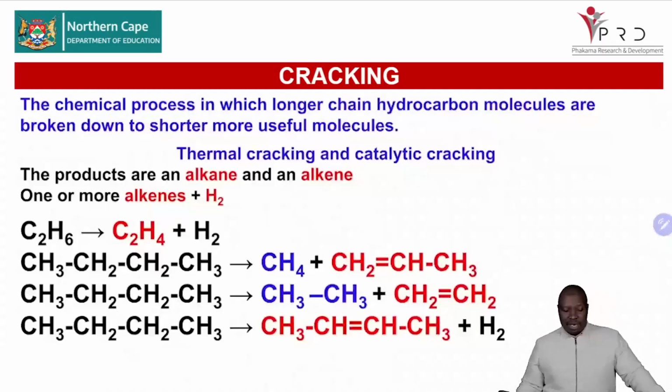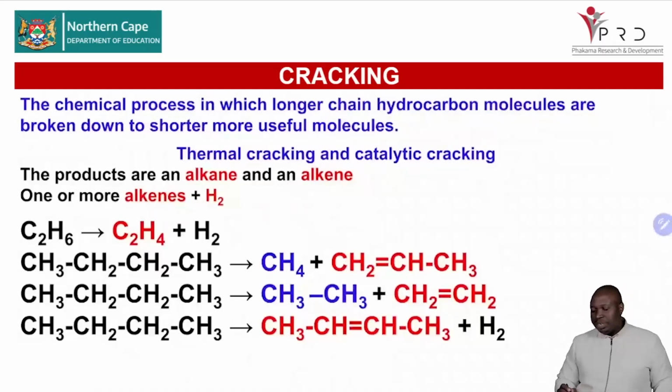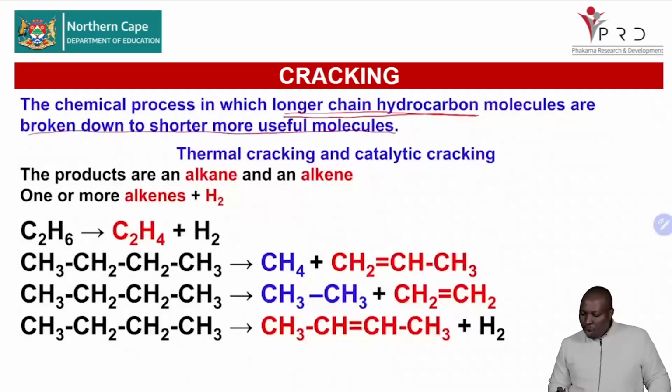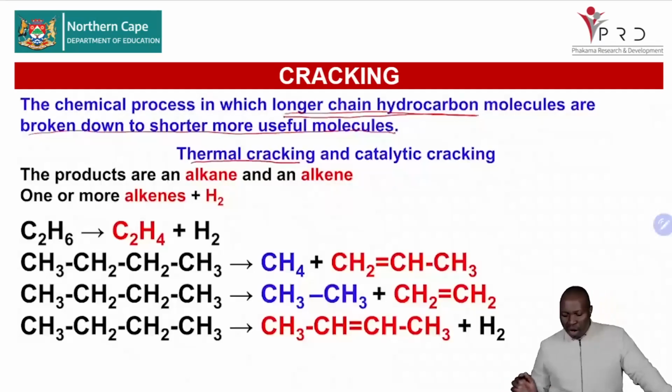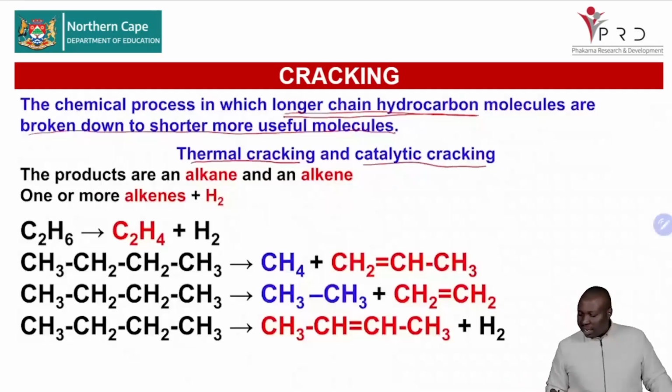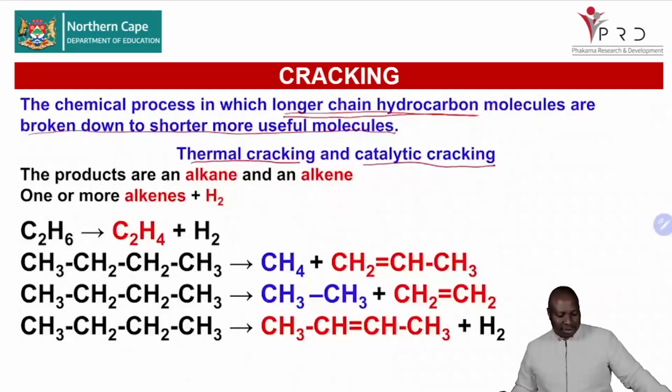Remember what I said about cracking, this is a chemical process in which longer chain hydrocarbon molecules are broken down to shorter, more useful molecules. And this cracking can be thermal cracking, where we're using high temperature and high pressure, or it can be catalytic cracking, where we're using a catalyst.